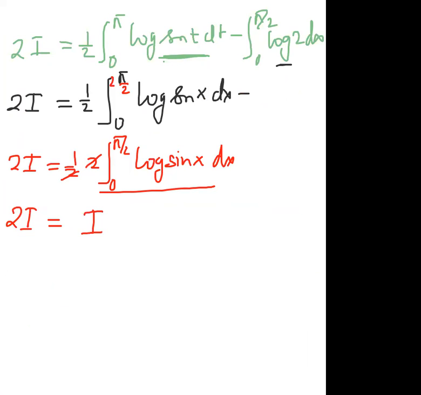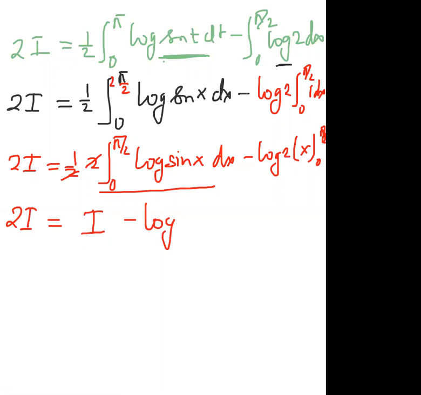Now, minus log 2, 0 to pi by 2, 1 dx. Integral of 1 will become x from 0 to pi by 2. So it becomes, sorry, minus log 2 times pi by 2 minus 0.